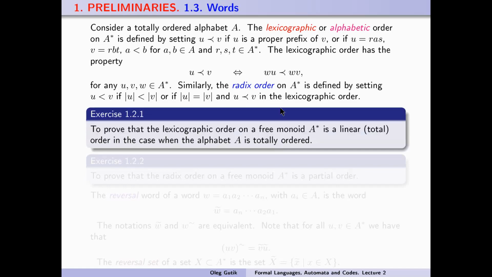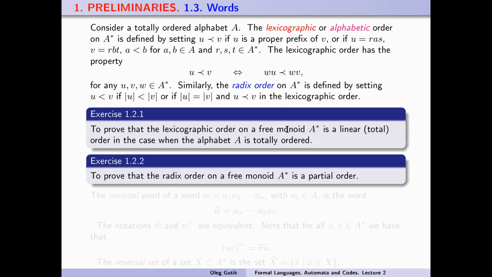I propose for you to show that the lexicographic order on the free monoid is a linear order when the alphabet is totally ordered. And next, show that the radix order on a free monoid is a partial order.